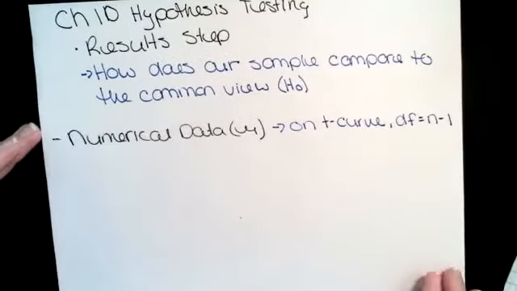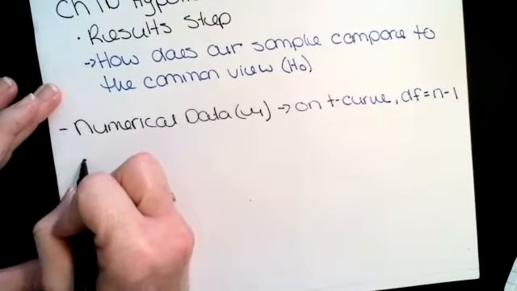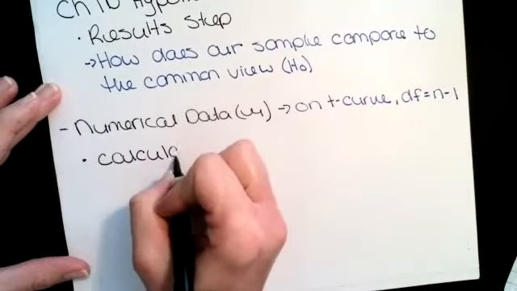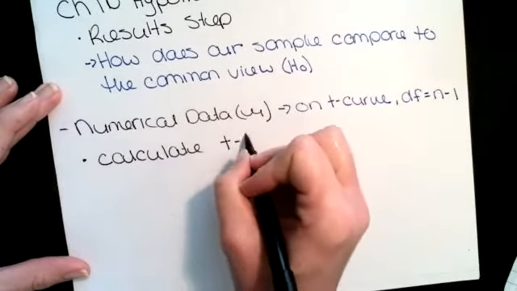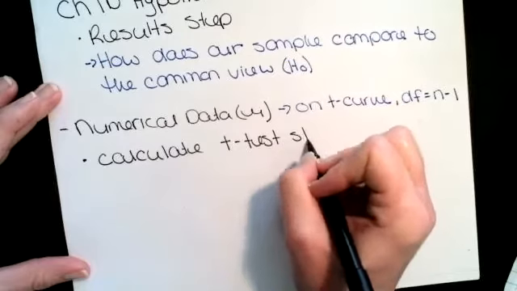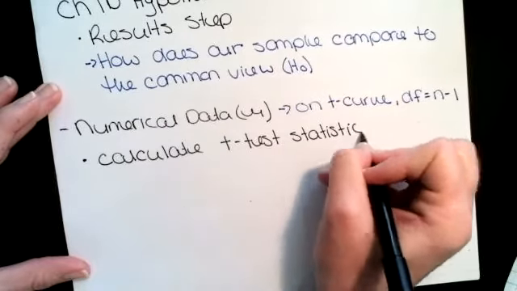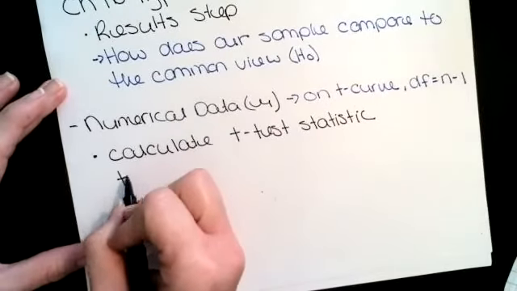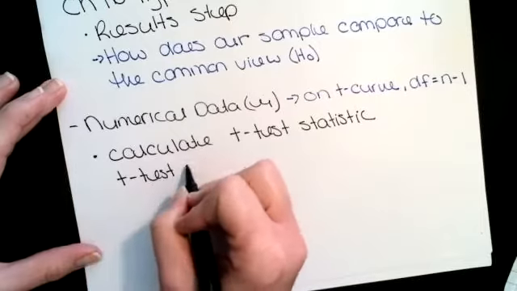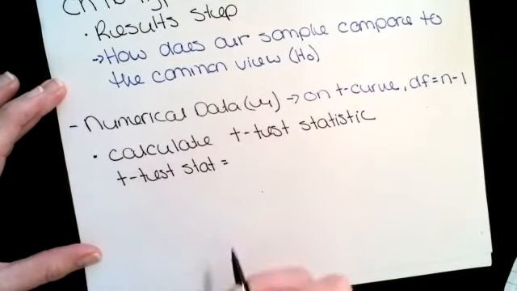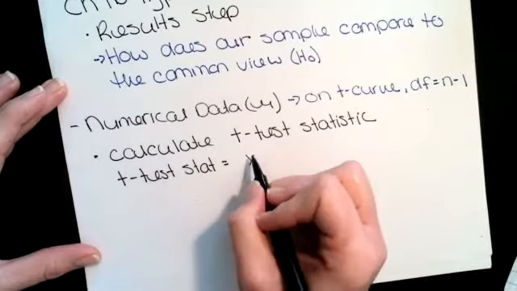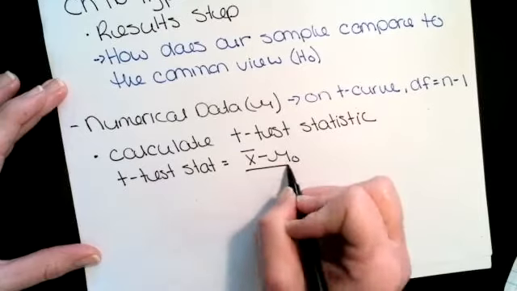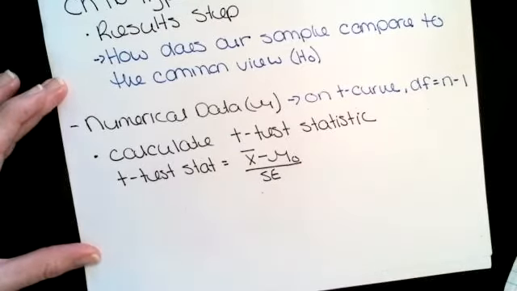So the first thing under our results step, what we're going to do is calculate what we call the t-test statistic. Okay, so our t-test stat value is equal to our sample mean minus our center of our curve divided by the spread of our curve.